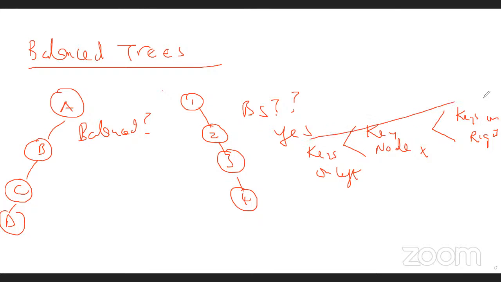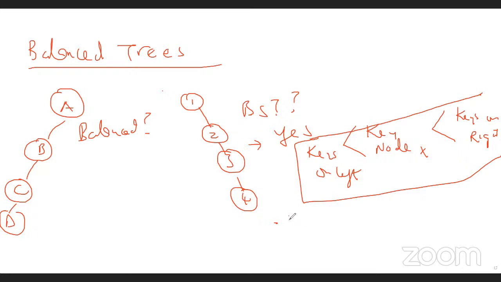Okay. So keys on the left-hand side are smaller and keys on the right are bigger. So this one is a BST, but is it balanced?